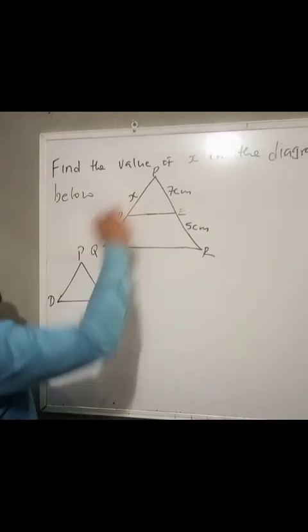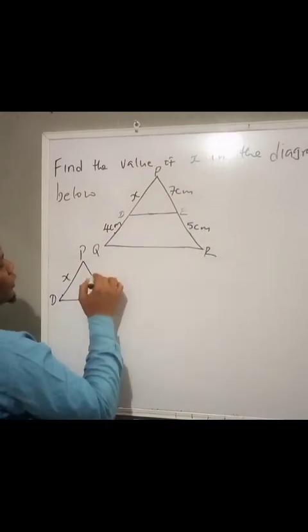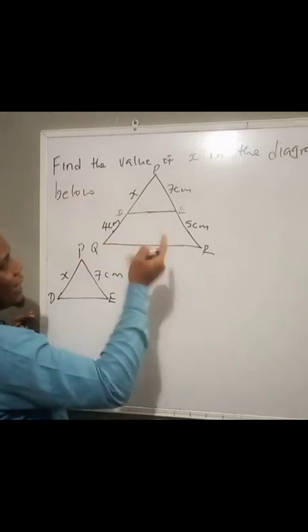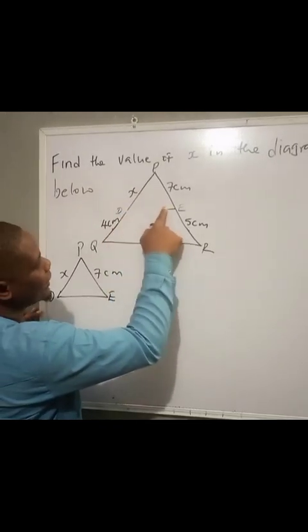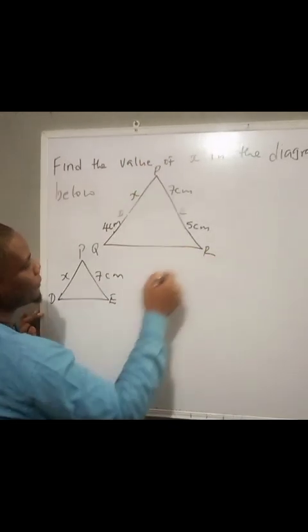So that means if you see, DP is x and PE is what? 7cm. Then the next one, I can just come here and clean this. So if I clean this, I'm now having PQR.